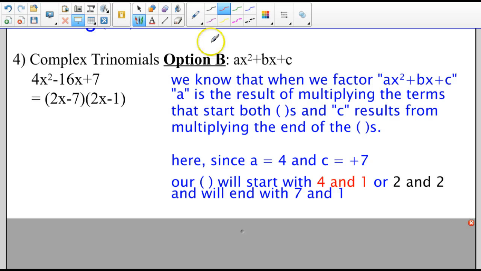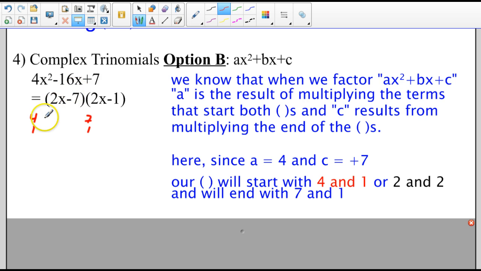And then really what I'm looking to do is a kind of trial and error, to figure out which ones work. The 4 and the 1 is one possibility, and the 7 and the 1 to end the brackets is the only other possibility. So 4 times 1 would give me 4, 1 times 7 would give me 7, and I'm wondering, does a 4 and 7 add up to the negative 16?